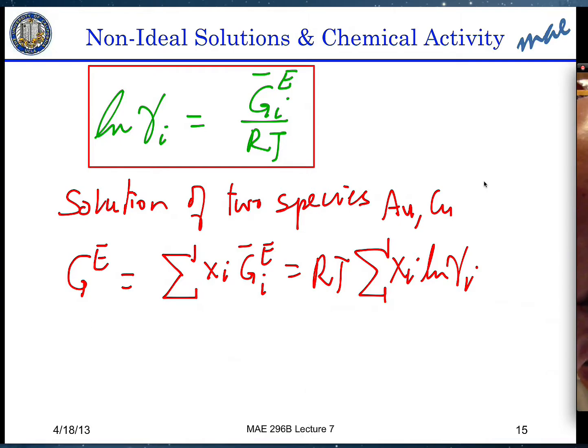That's from the analysis that we have pursued. So if you're given G excess, then you can find the corresponding gamma for each element.